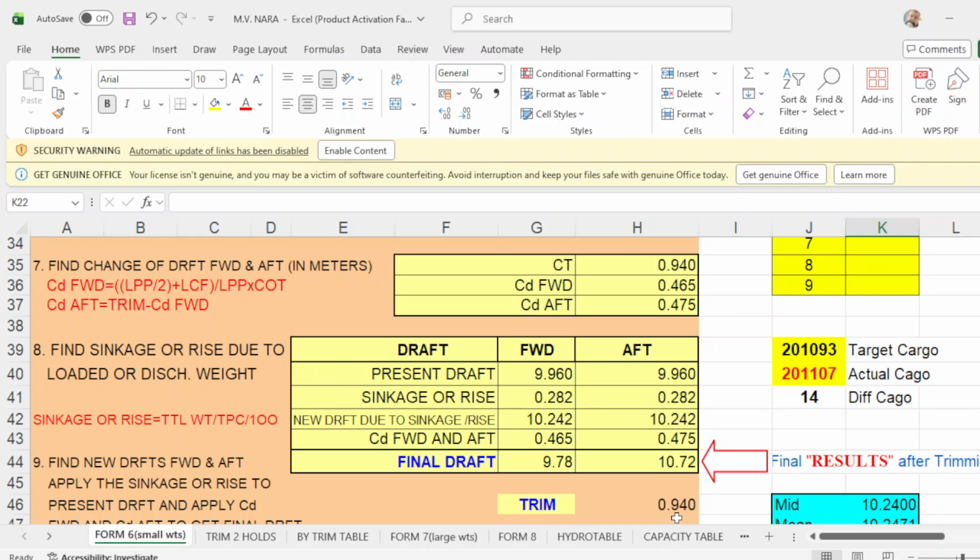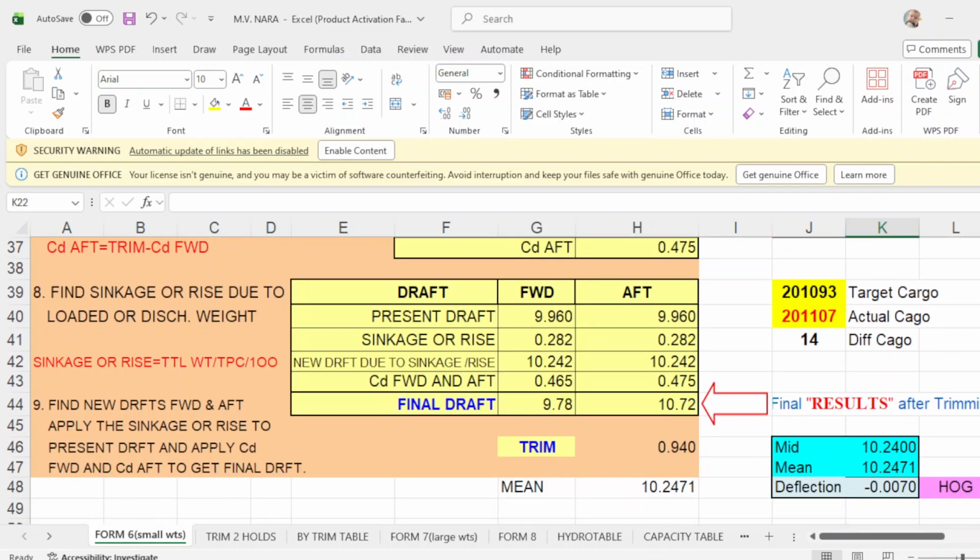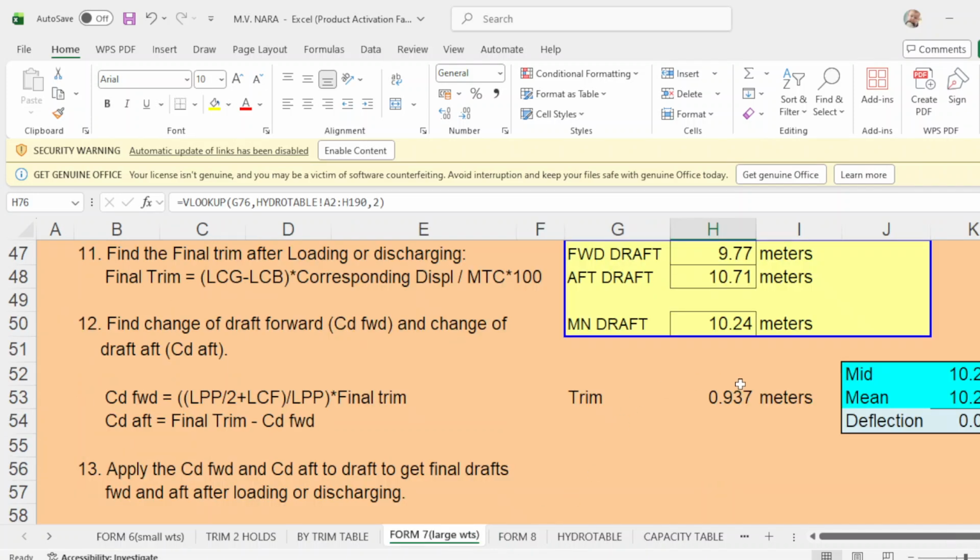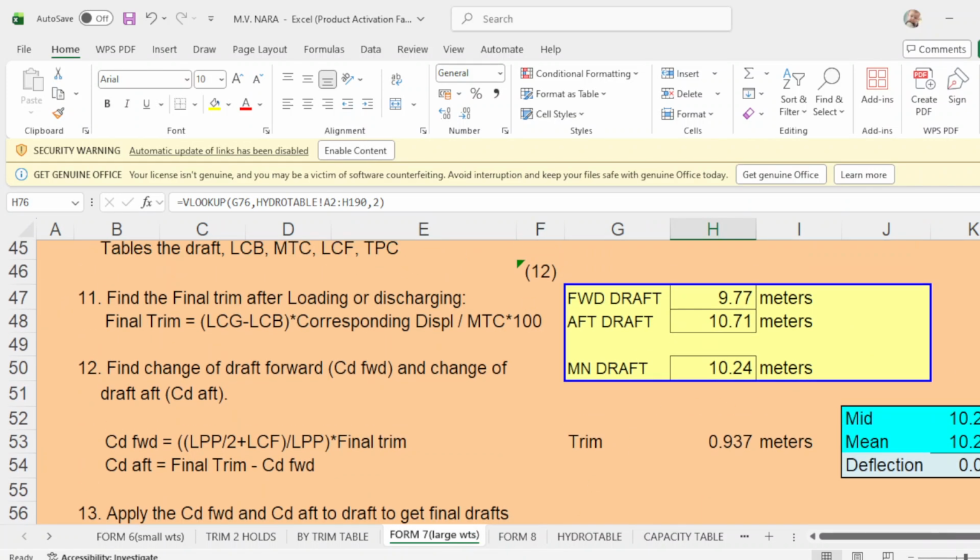Your trim is 0.94, and you have a 0 deflection, which is also the same here, only that it is 9.77 and this 10.71, but you have the same mid of 10.24. Then you have a 0 deflection here.